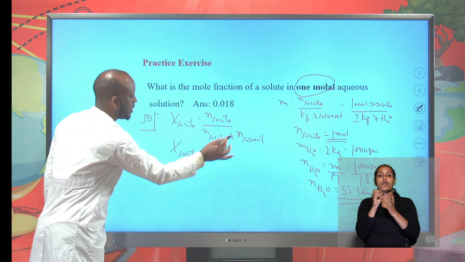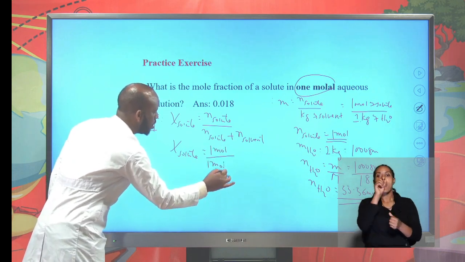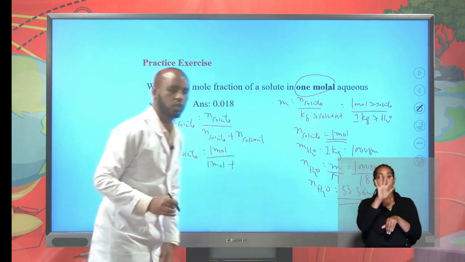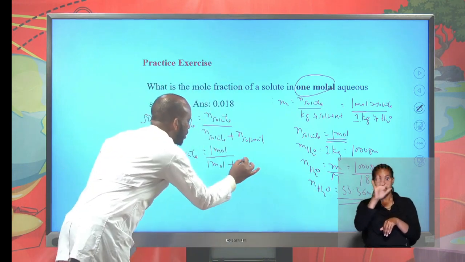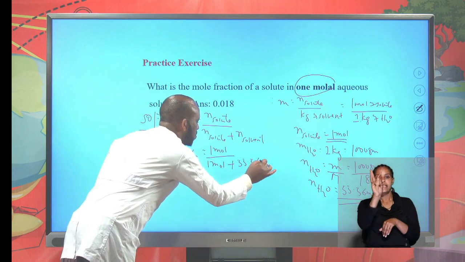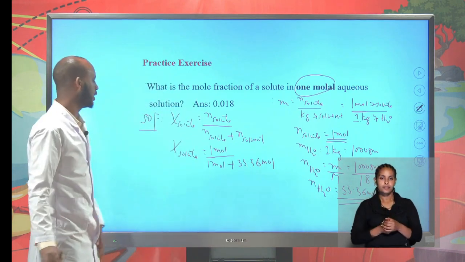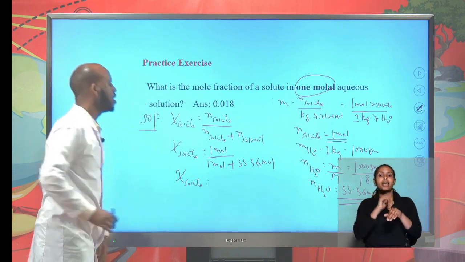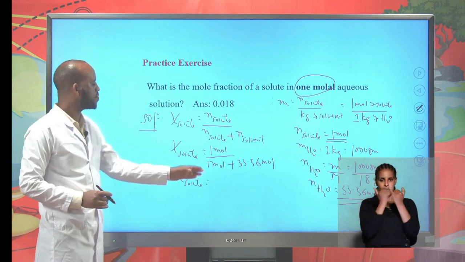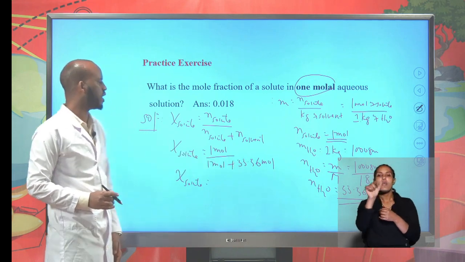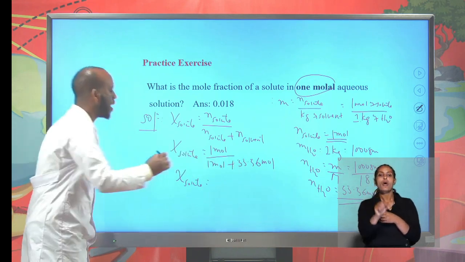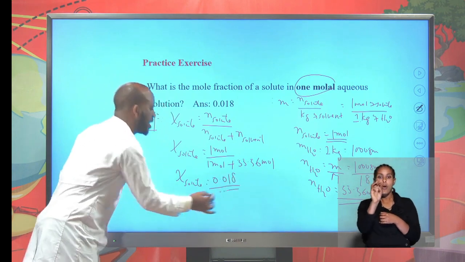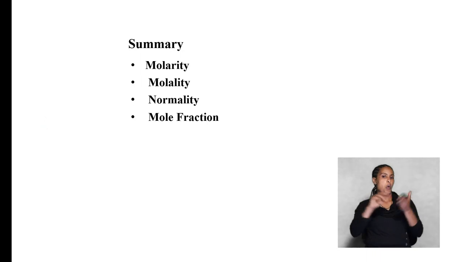Number of moles of solute is 1 mole, plus number of moles of solvent is 55.56 mole. Mole fraction of the solute equals 1 divided by 1 plus 55.56, which is 0.018. Mole fraction has no unit.